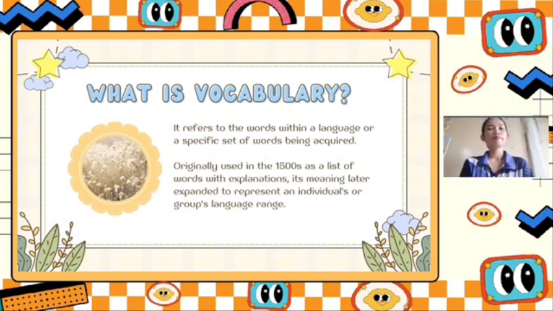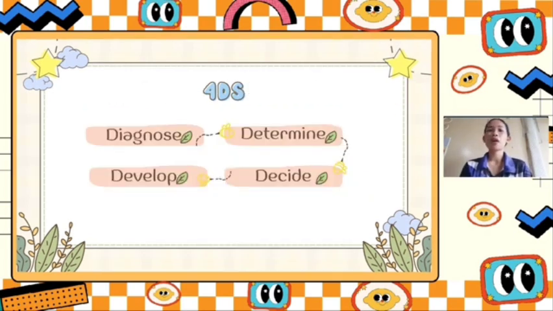So, what should we consider when choosing materials and resources for teaching vocabulary? Educators have many insights on this, but to make it simpler, we can follow the 4Ds of vocabulary learning. It's a framework that helps guide both teachers and learners through a systematic process of acquiring and mastering new words.